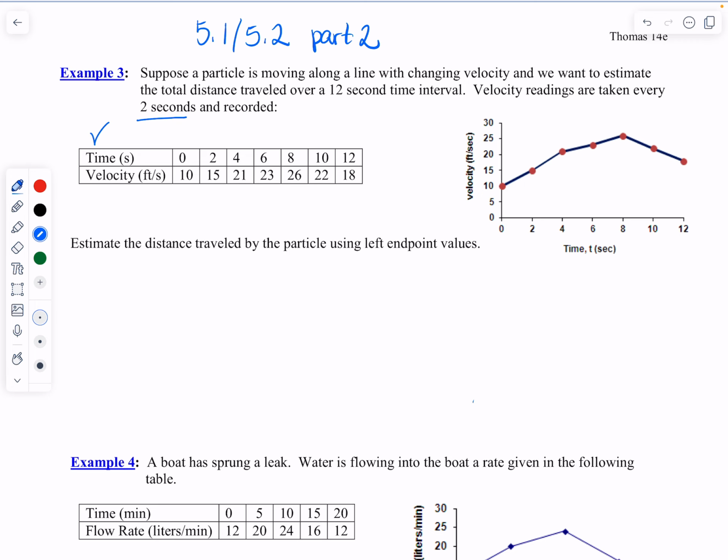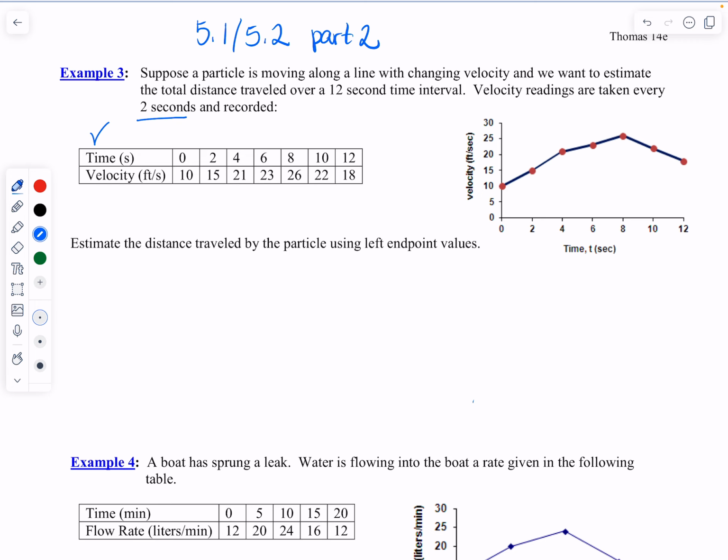Example number 3. Suppose a particle is moving along a line with changing velocity and we want to estimate the total distance traveled over a 12-second time interval. Velocity readings are taken every 2 seconds and are recorded.